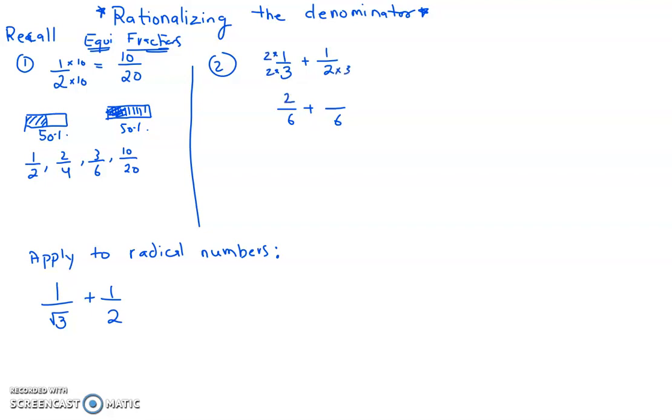We use the idea of equivalent fractions again, and only then can you add the numerators. So one is that fractions can be made into equivalent fractions. Second is that in order to add or subtract fractions, we should be able to get a common denominator between them. That's a very important thing.